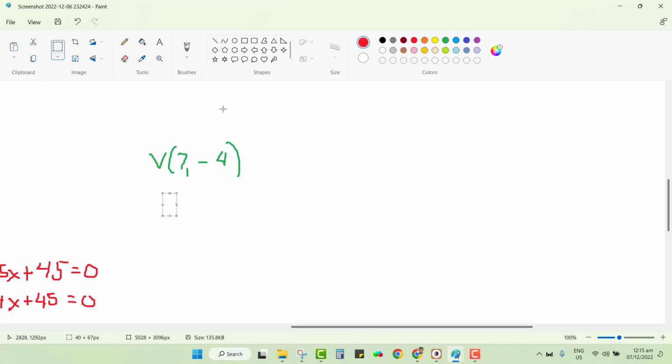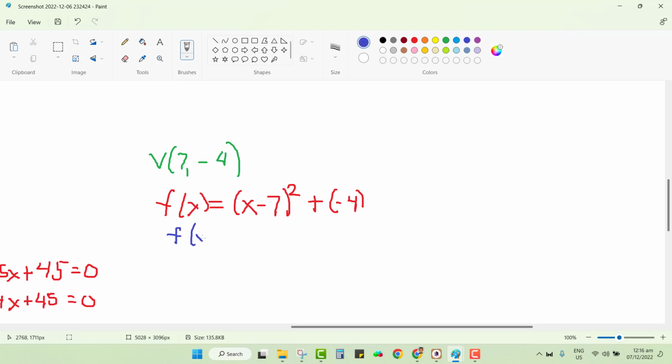So the vertex form is given to us by f of x. Again, a is equal to 1. x minus 7, the square of this binomial. Again, you will have here plus negative 4. And your final vertex form is f of x equals x minus 7 squared minus 4.